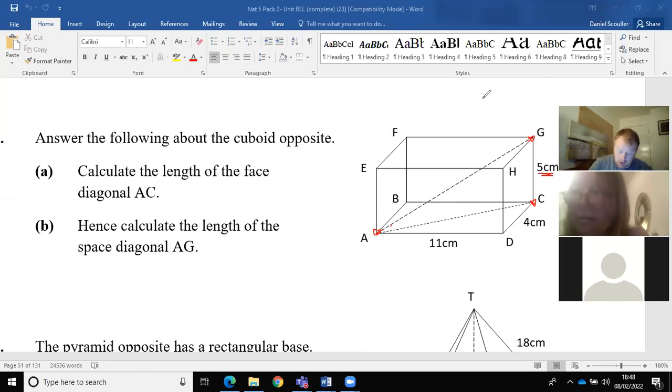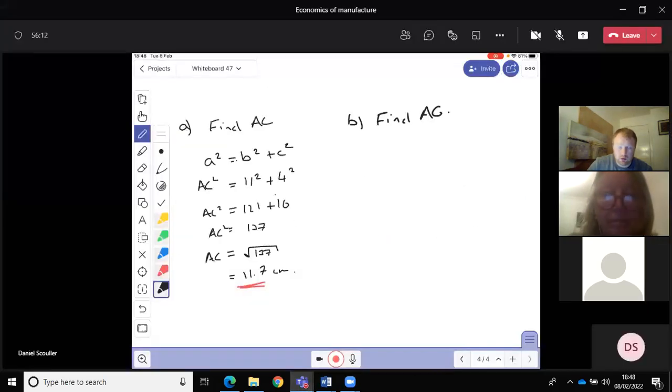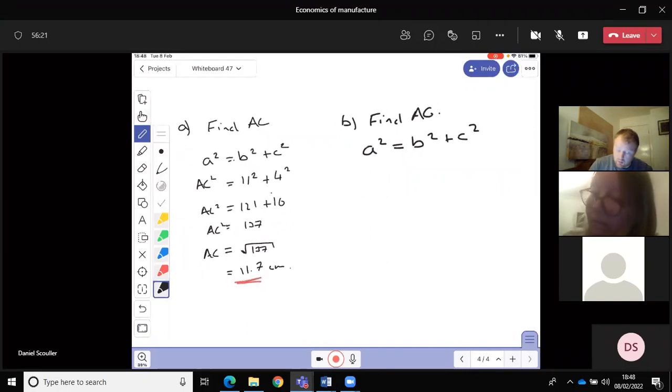So find AG, and again, it's just going to be in that a squared equals b squared plus c squared that I prefer. What's your hypotenuse?